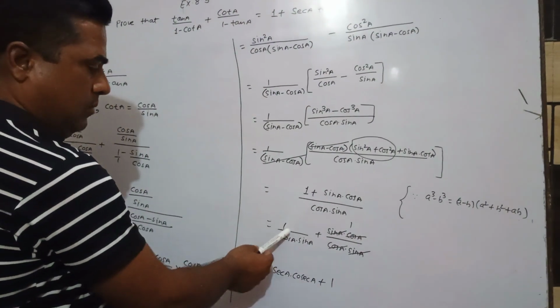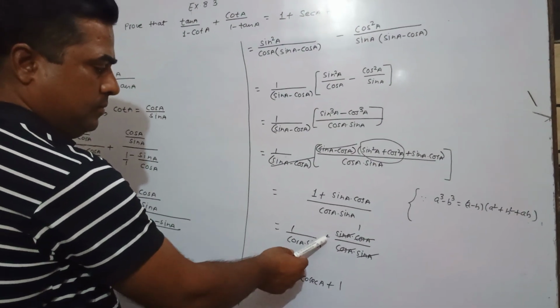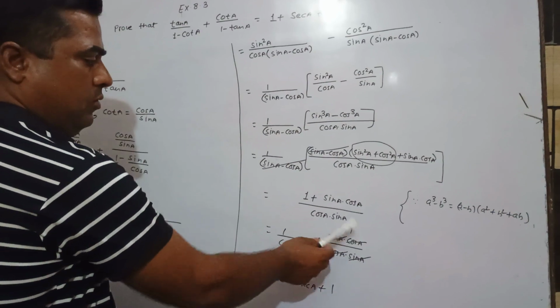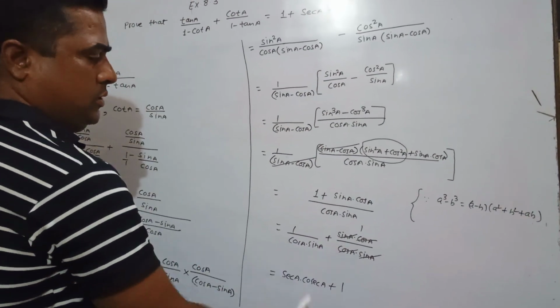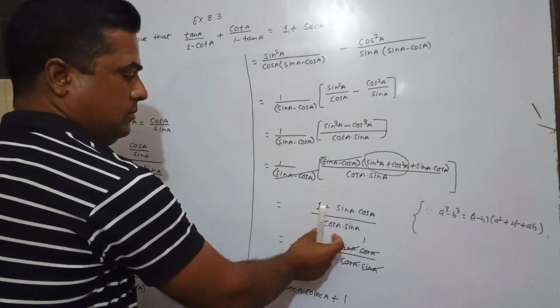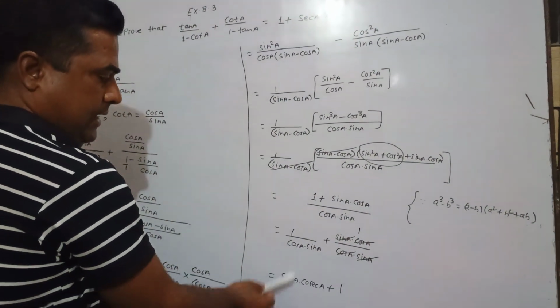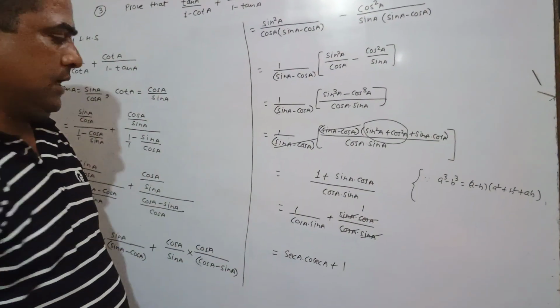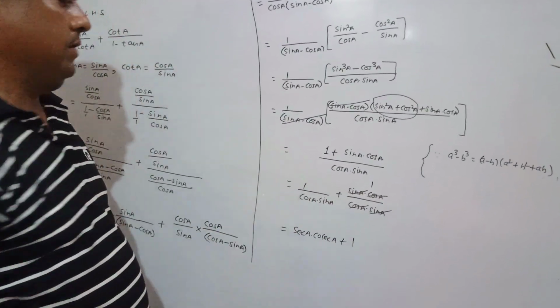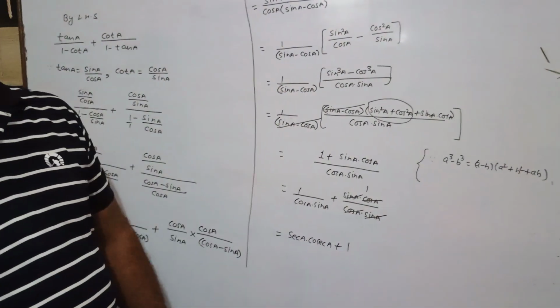You can write here 1 upon cos A sin A plus sin A cos A over cos A sin A. Means we are dividing these two terms individually. 1 upon cos A, this is sec A, and 1 upon sin A, this is cosec A, plus this 1 we will write. So this is our right hand side. Hence proved.